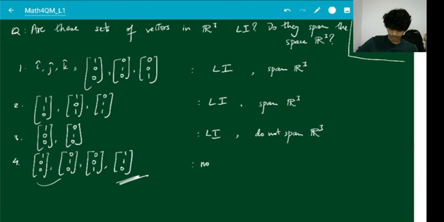So this set of vectors is not linearly independent. Do these vectors span R3? Yes, they do, because any vector you can write in terms of these. You can write them in fact just in terms of the first 3 vectors. You don't even need the 4th vector. But in general, you can take all 4 of these and you can write any vector in terms of them. So these vectors do span R3.